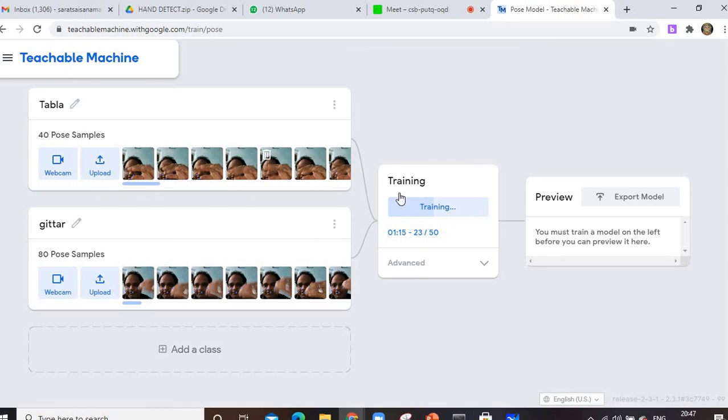It creates some neural networks inside this model, and it tries to read all these images, read all the pixels, and extract some features from these pixels. Out of all the features, it extracts the best features, and it tries to classify.